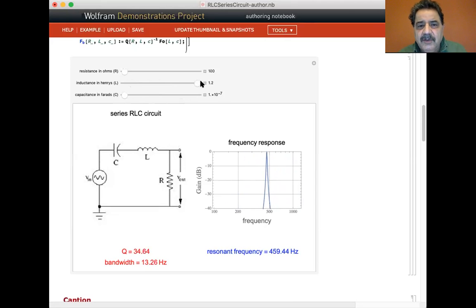Well, what is Q? I don't know if you can see it, but the bandwidth is changing as we vary this also. So for a Q of 14, the bandwidth is 79 hertz. Let's take it all the way to the top. The Q is 34.64, the bandwidth is 13.